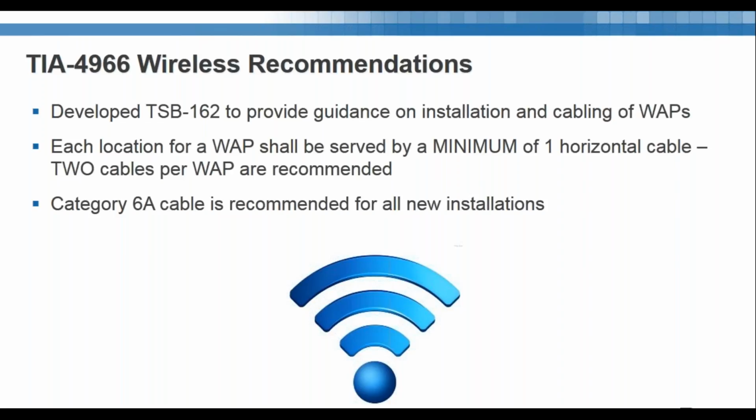And Category 6A cable is recommended for all new installations. We'll go into some options for utilizing your existing Cat5e, Cat6 cable for higher bandwidth wireless, but at the end of the day, Cat6A, Cat6A, Cat6A, especially with E-rate, when you want to get the most bang for your buck while the funding is available.